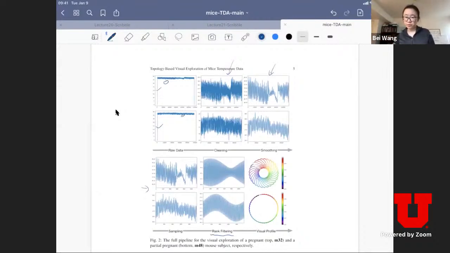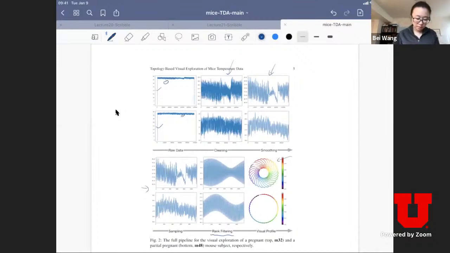In this case, we preserve the dominant frequency of the signal, then apply the persistent homology computation to look at the most dominant, highly persistent circle structure and map it back. What you see here is a visualization of my token embedding, and the rainbow color corresponds to the periodicity.